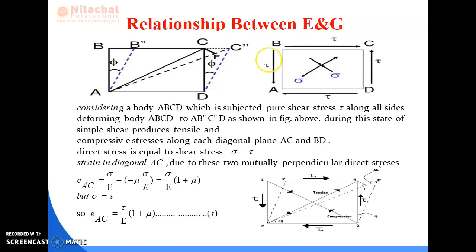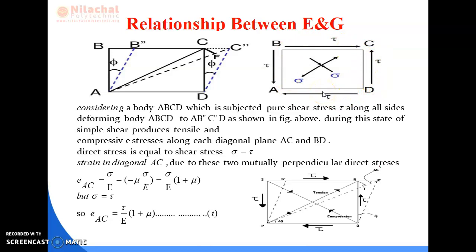Now let us consider how the diagonal stresses are equal to shear stress. Considering the figure ABCD, this system is known as a body in simple shear.